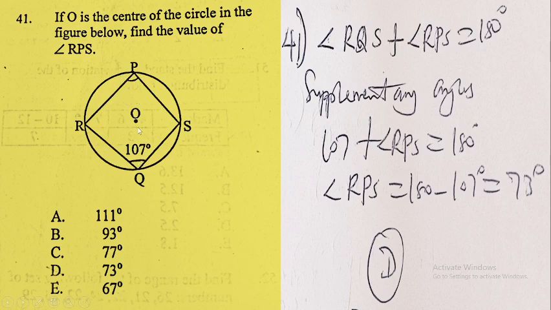That is, they add up to 180 degrees. So this angle Q here and angle P here add up to 180 degrees. So to get this angle, we remove 107 from 180 degrees, and that will give us 73 degrees. So angle RPS is 73 degrees, which makes option D the correct option there.